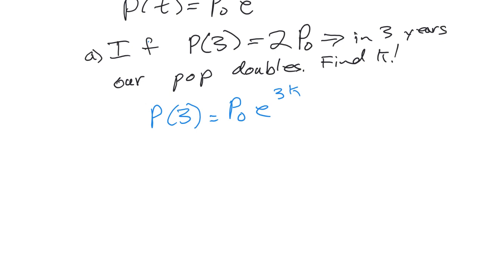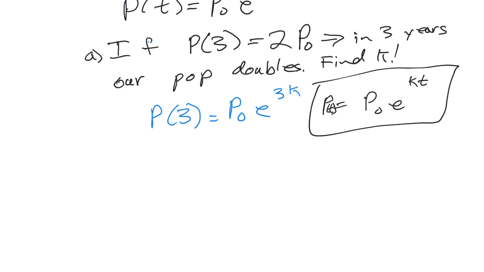Just remember, our original equation was P0 e to the kt, where P of t represented our population, and all I did was substitute in P of 3. But now we know that P of 3 in our original problem is 2P0, which means 2P0 is equal to P0 e to the 3k. Now, the P0 can actually be canceled out. So imagine if we divide both sides by P0.